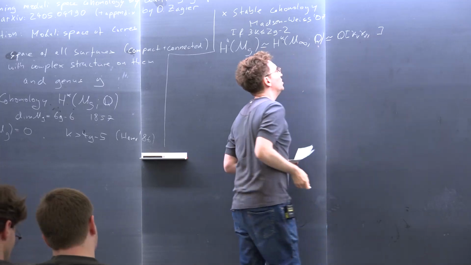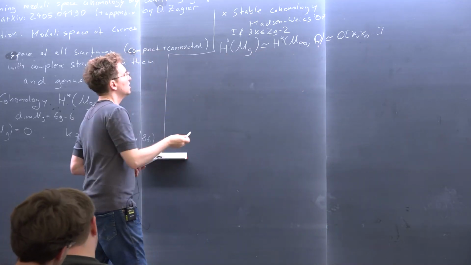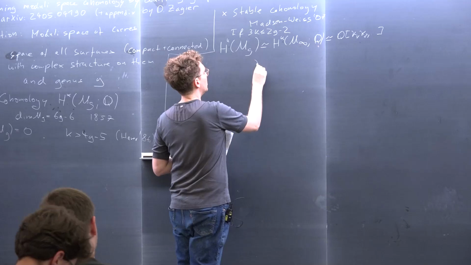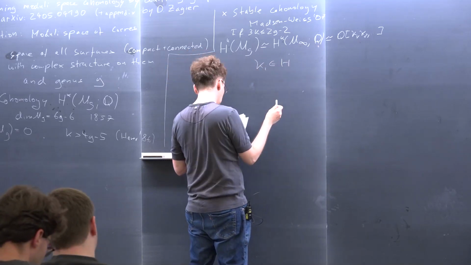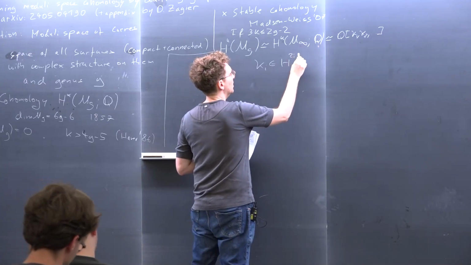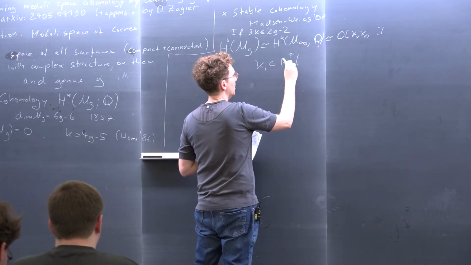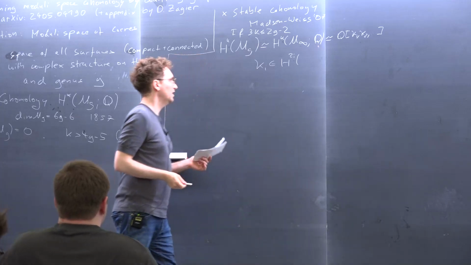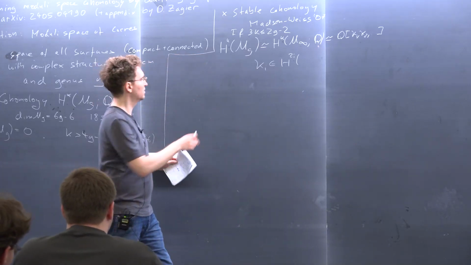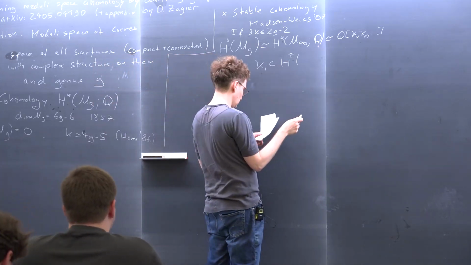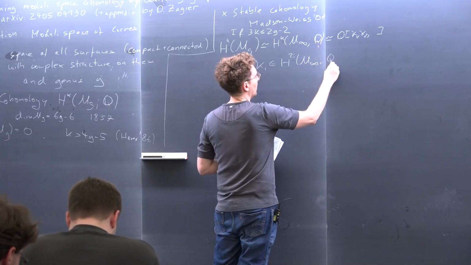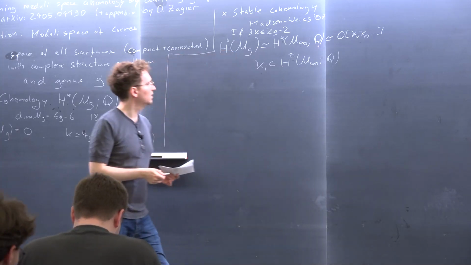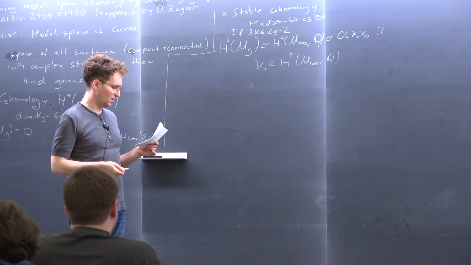So these are all polynomials in some kappas, where kappa i is living in some even degree, and the degree is 2 times i. So these are these even degree classes, these kappas.